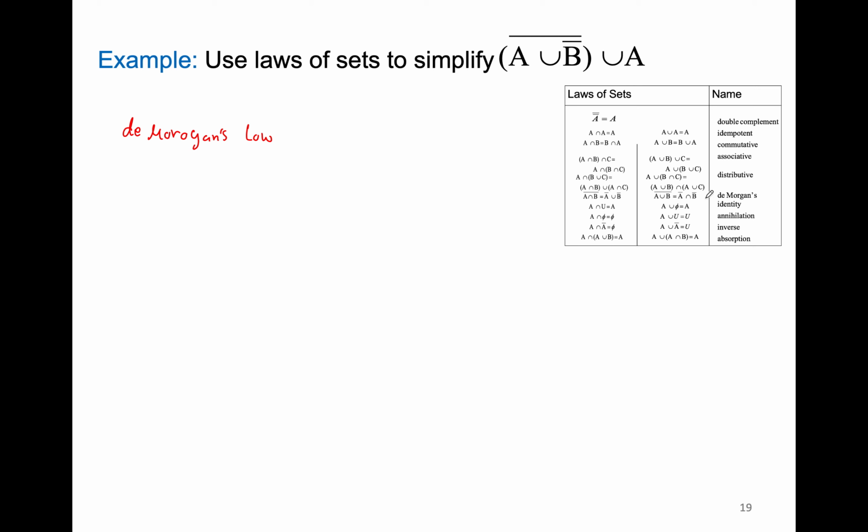In De Morgan's law, (A union B) complement equals A complement intersect B complement. So by using De Morgan's law, we get (A complement intersect B complement) complement, then union A. Now we have here a double complement.